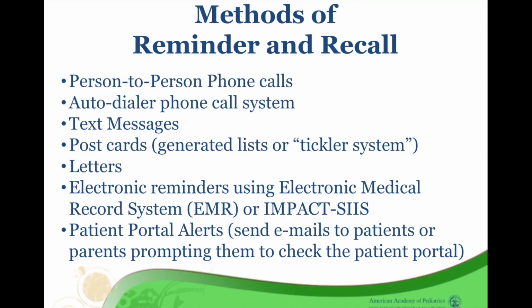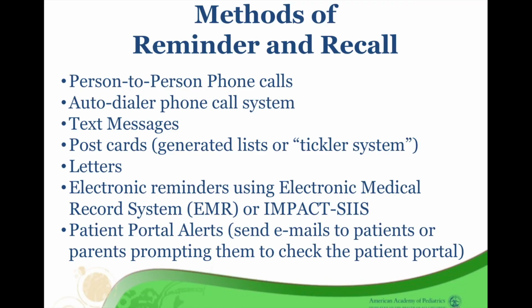So these are some of the different methods for reminder and recall. You can do person-to-person phone calls, providing you're actually getting to speak to a person. There are various auto dialer phone call systems, and text messages. Postcards can be based on a generated list or a tickler system. So they come in, they get a dose of a vaccine, and at that visit, you have them fill out the postcard.